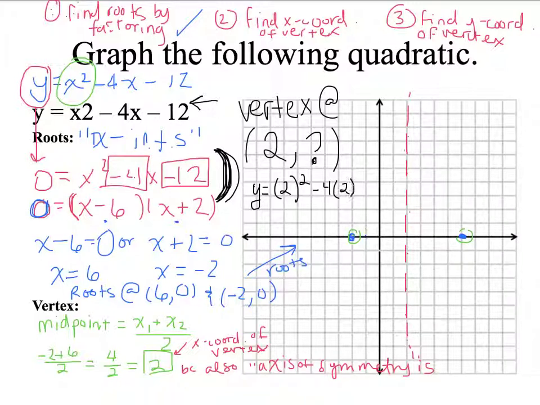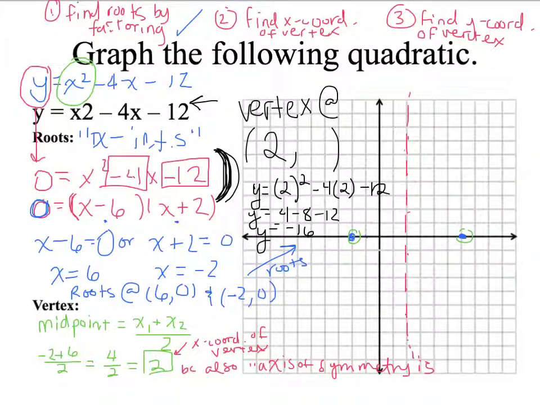Minus 4 times 2 minus 12. y equals 4 minus 8 minus 12. y equals negative 16. So, by plugging one coordinate of a pattern into our equation, we can then go back and find what the other one is that would work with it.